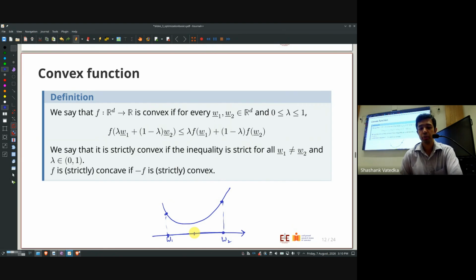So if you fix a particular lambda, so this is my w, which is equal to lambda w1 plus 1 minus lambda w2, then this point would essentially be f of w, which is f of lambda w1 plus 1 minus lambda w2. And lambda f of w1 plus 1 minus lambda f of w2 would essentially be some point along this line joining f of w1 and f of w2.